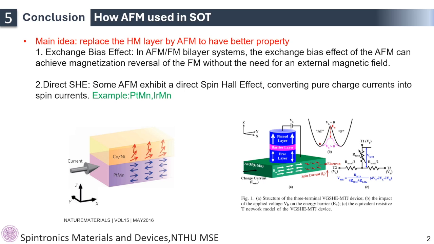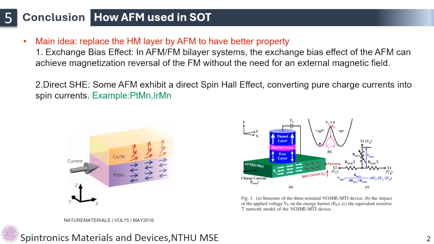The first one is the exchange bias effect. In AFM bilayer systems, the top AFM atoms may have strong coupling with the bottom atoms of the ferromagnetic layer and make it a preferred magnetization.